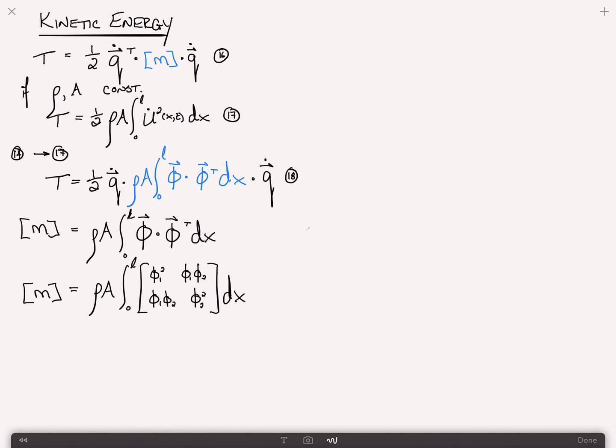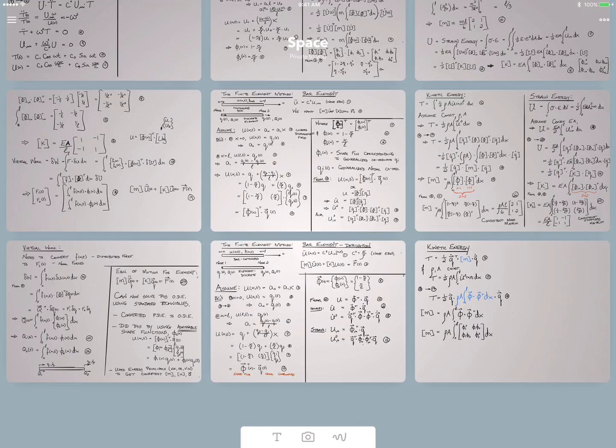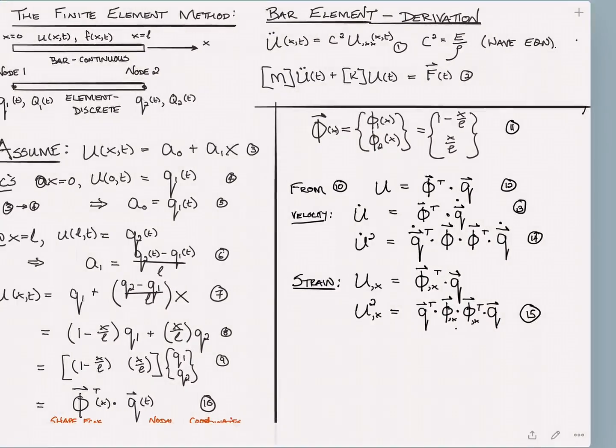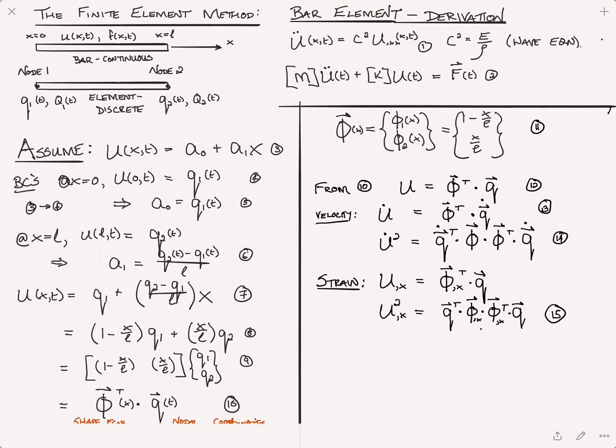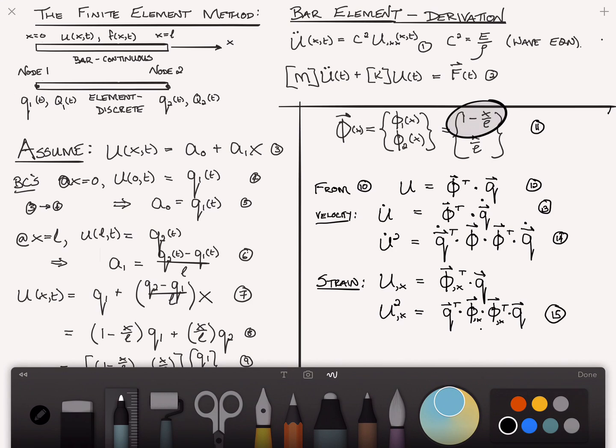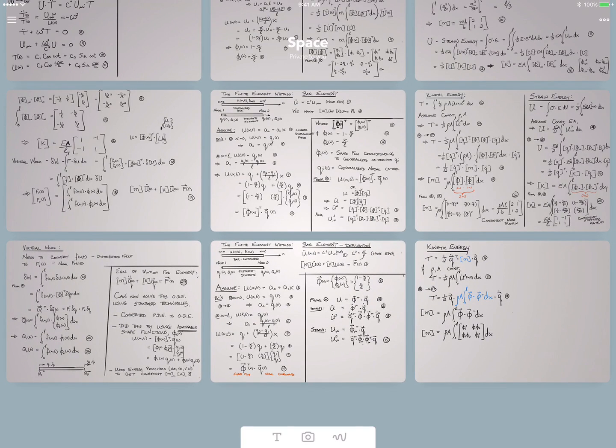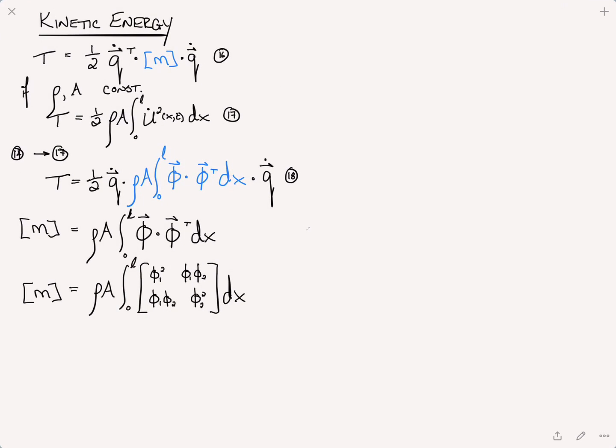We know from the previous page what phi1 and phi2 are, right? Phi1 is just 1 minus x over L, and phi2 is just x over L. So we can substitute that in and we can integrate. That's the idea here.